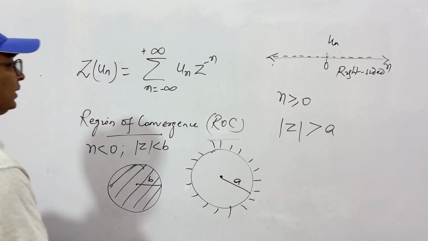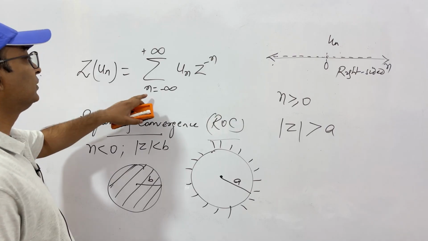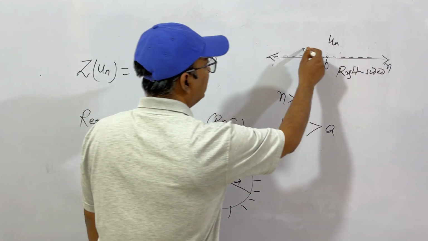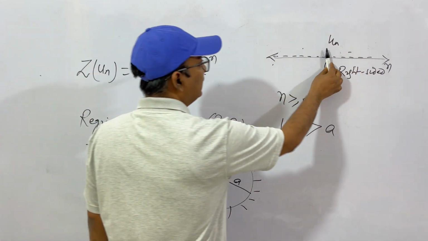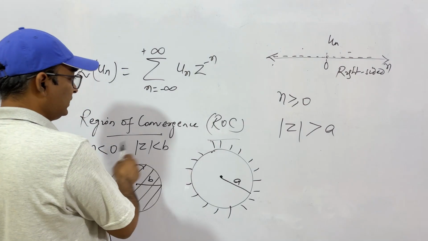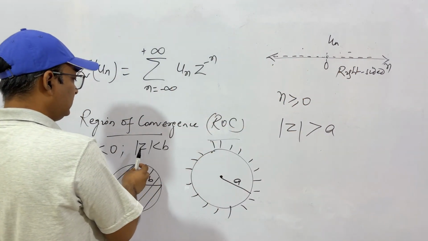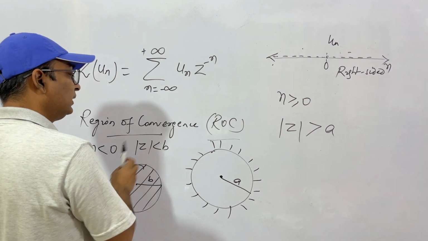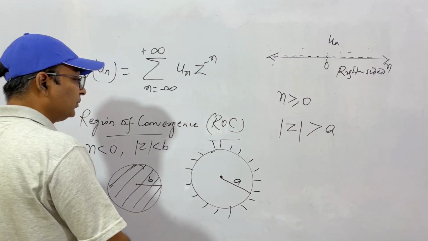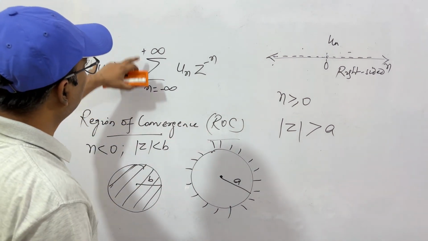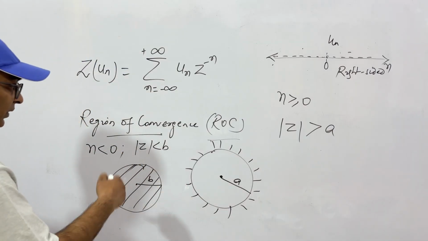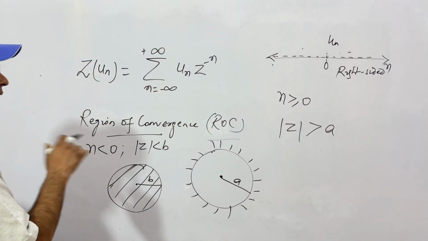So what happens when you have a sequence from minus infinity to infinity? On this side, the right sided, the sequence converges for z greater than a, and on this side, the left sided, the sequence converges for z less than b. a and b are some arbitrary values. So when you talk of here to here, what we are left with is an annular region.